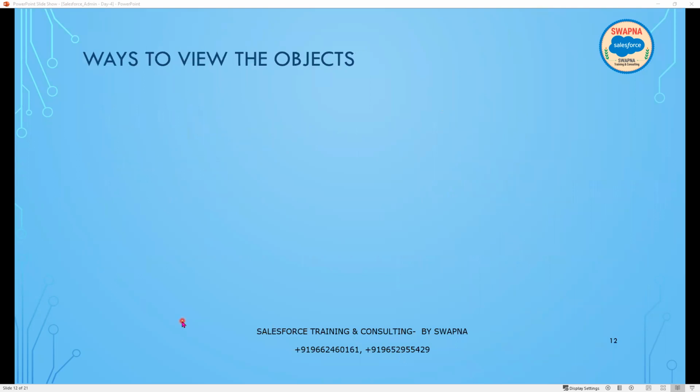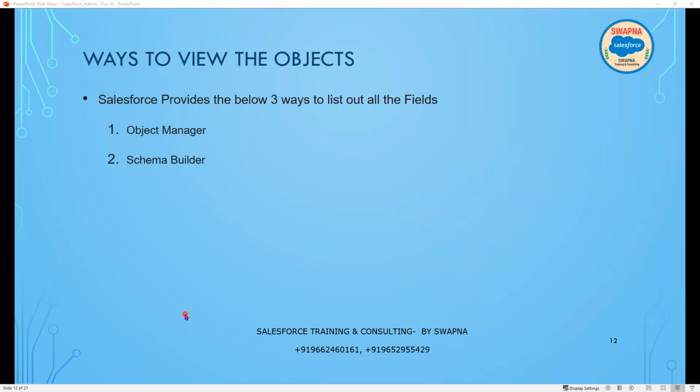I can view the objects in three ways. The first one is Object Manager. If I go to the Object Manager, I can see all the existing objects, and I can also create objects. The second one is Schema Builder.